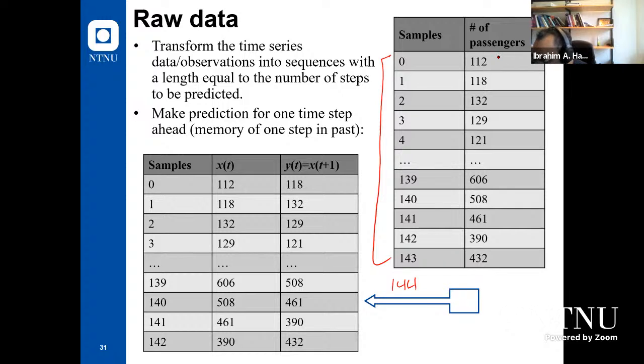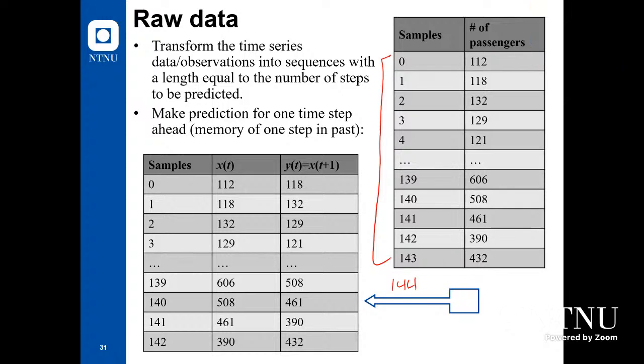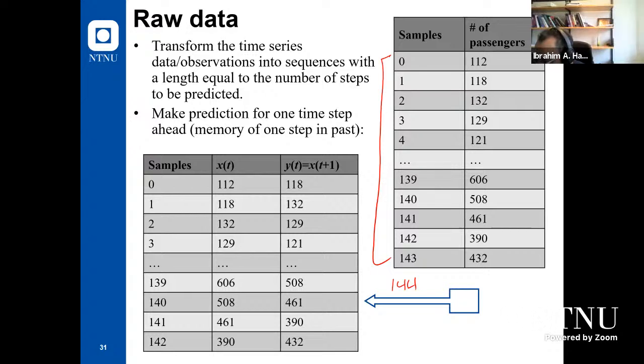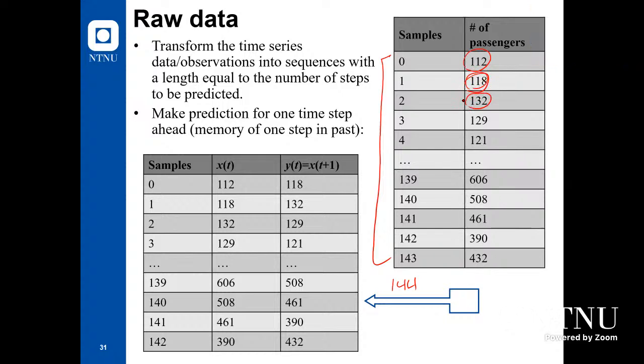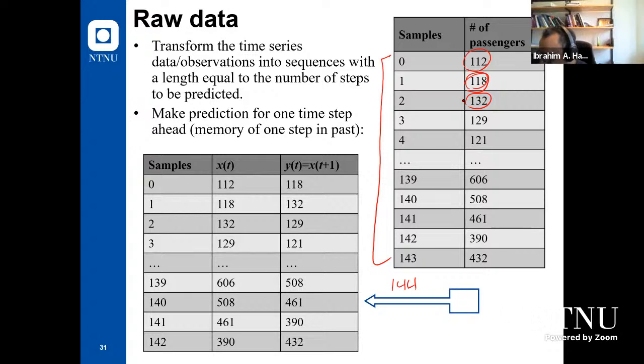So if you go one by one, 1 to 1, I will use the first value here for predicting this one, and after that I will use 118 for predicting this value. So the input will be 1 and the output will be 1.